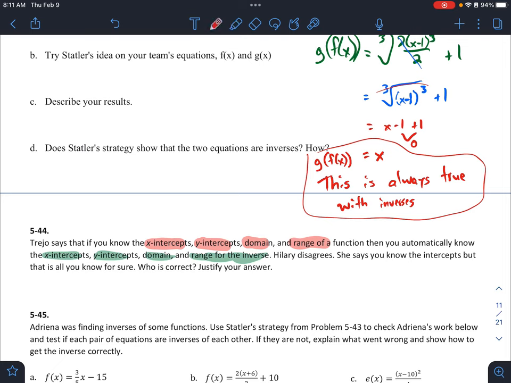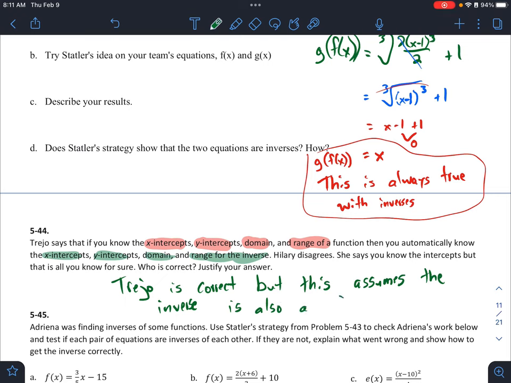Who is correct? So, again, we'll talk more about this when I get back, but Trio is correct, but this assumes the inverse is also a function. And we will stop there for today.